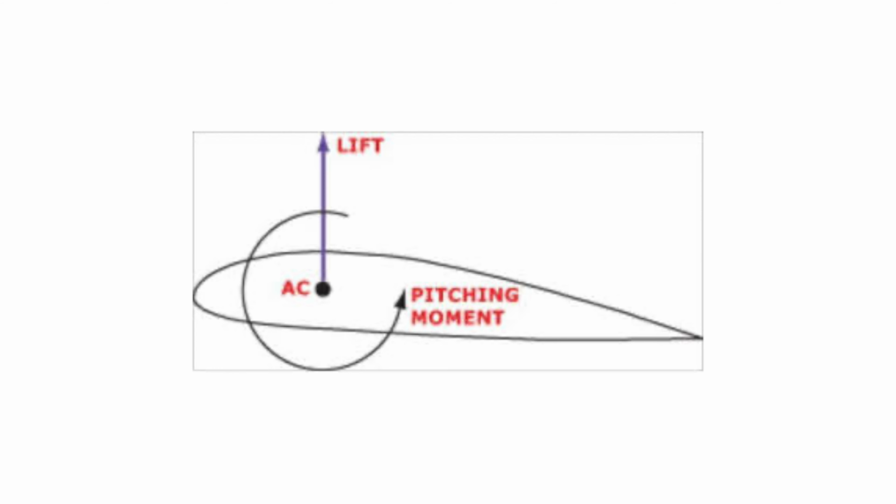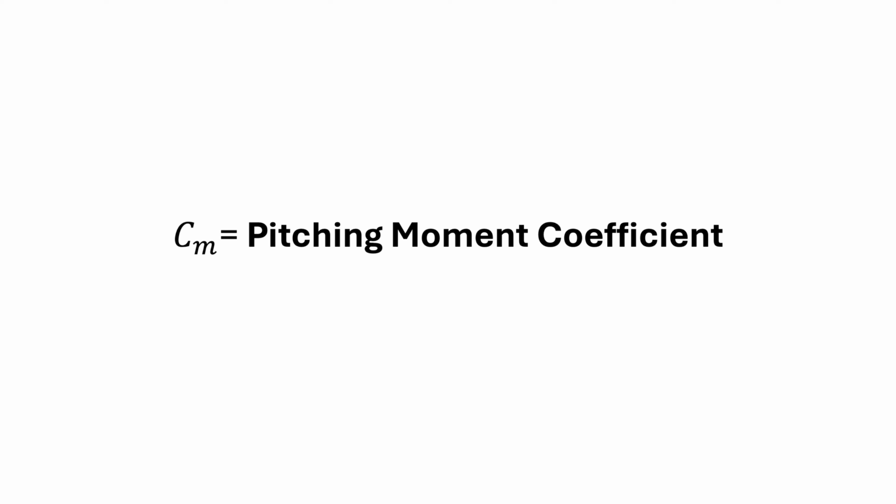In a wind tunnel, we can measure a pitching moment. That's a twisting torque that depends on the airspeed, air density, and size of the wing. By itself, that raw moment isn't very useful. It changes just by flying faster or building a bigger airplane. So instead, we define a dimensionless quantity called the pitching moment coefficient, or C sub m.